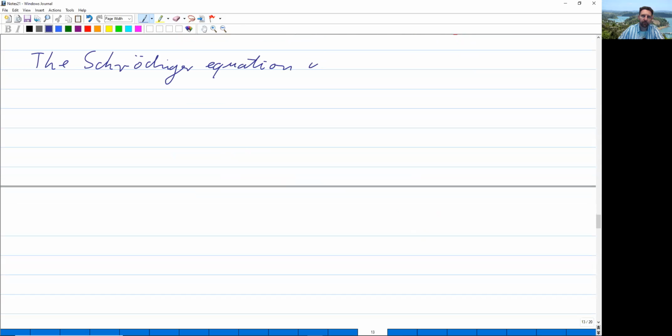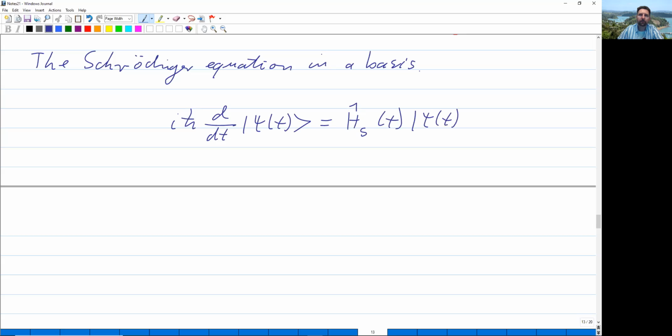Schrödinger equation in a basis. Initially, the Schrödinger equation looks like this, without choosing a basis, right? We had it up there. Psi of t. Now, choose, for example, a discrete basis of vectors B n.